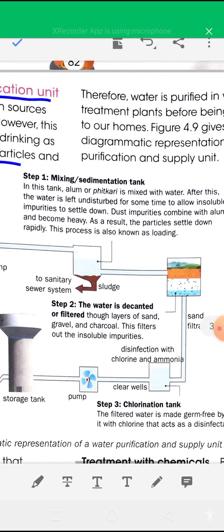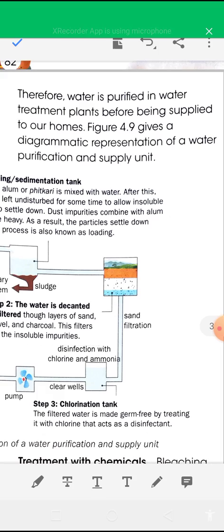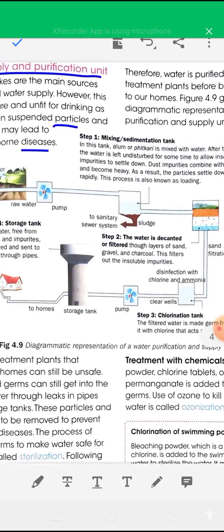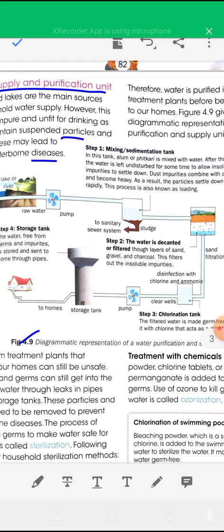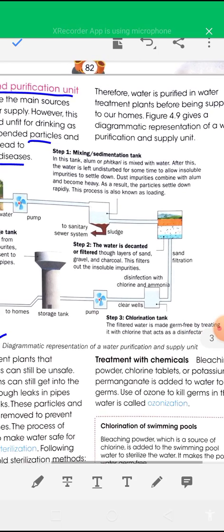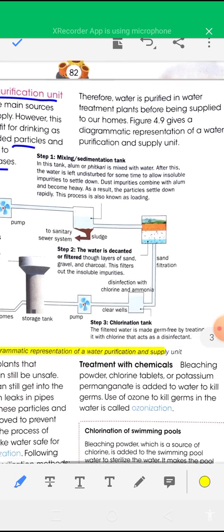So you have to purify water. The purification of water is shown in figure 4.9, diagrammatic representation of water purification and supply unit.